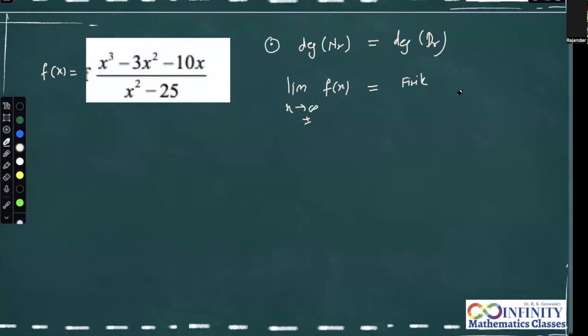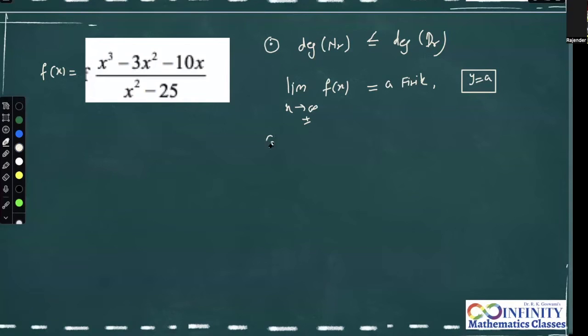Okay, in that case only, if the limit is finite, say it is equal to a, then y equals a is going to be a horizontal asymptote in case the degree is equal. But if the degree is not equal, the wording should be: if the degree of the numerator is less than or equal to the degree of the denominator, then y equals a is an asymptote.